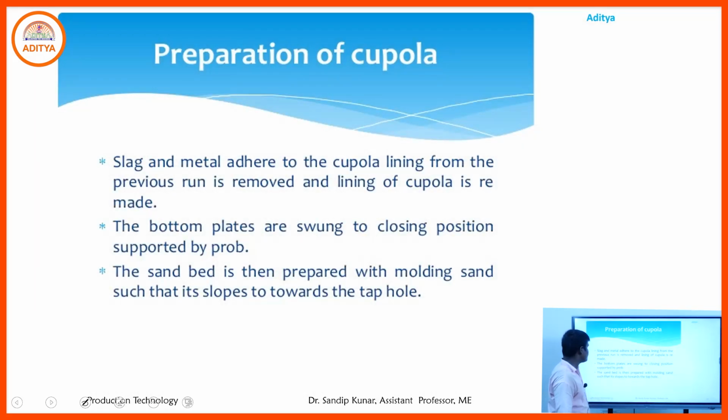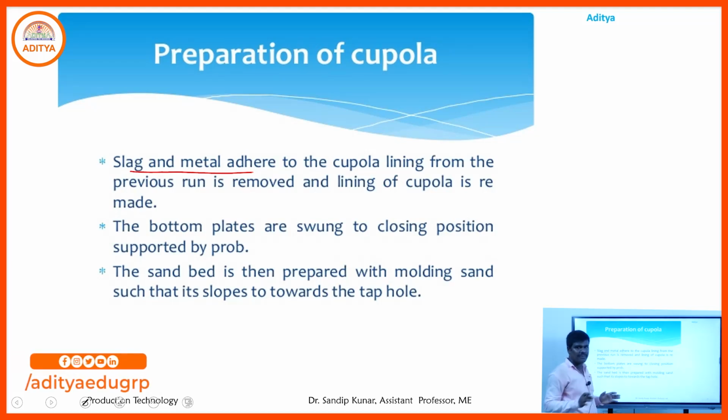Now, in preparation of the cupola, slag and metal from the previous run adhere to the cupola lining. There are refractory bricks in the cupola furnace. Why do we use a refractory lining made of bricks?